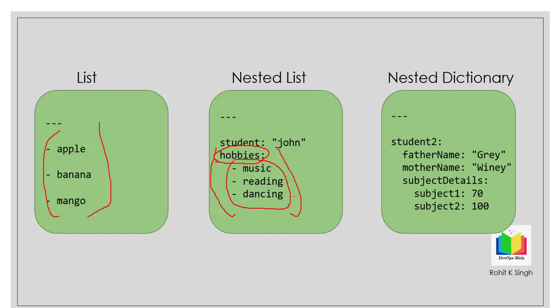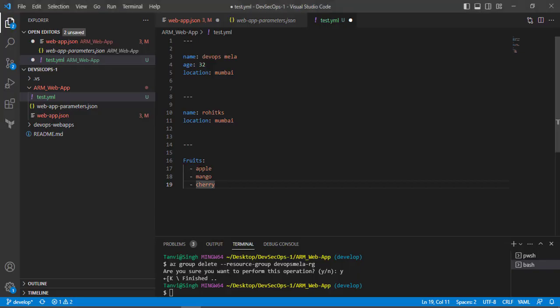This is called a nested list, and this is your dictionary. And this is a simple list, the apple, banana, mango, what you see over here. What I had defined over here is a nested list, in front of you.